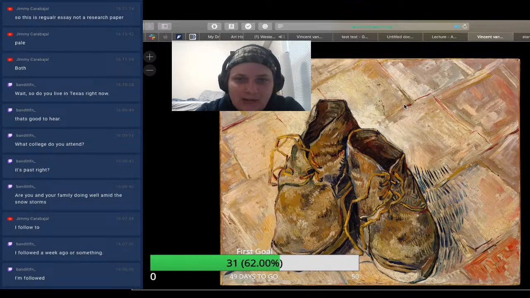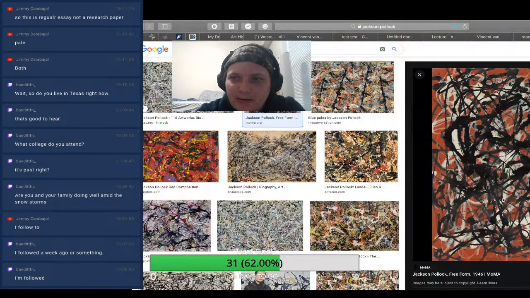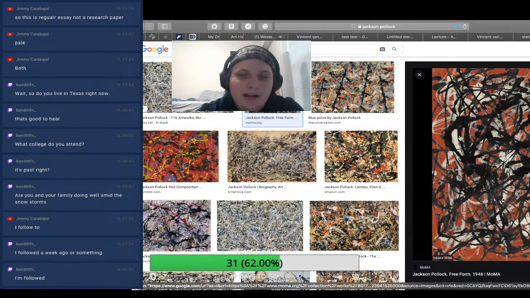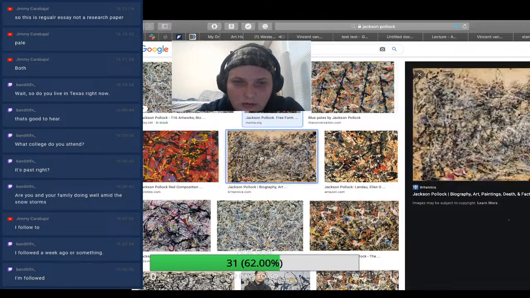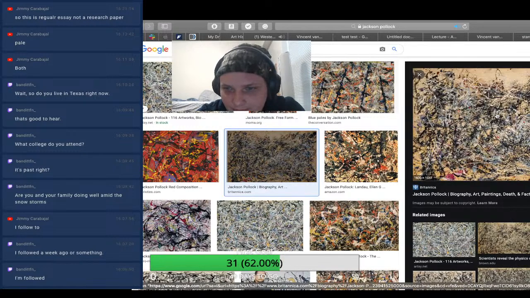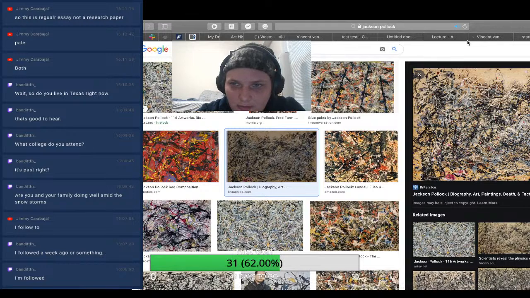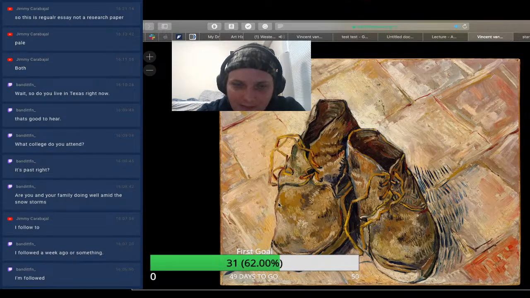They don't necessarily seem totally random as compared to Jackson Pollock, where an average person looking at it sees lines that don't really have a purpose. It just looks like total chaos, total randomness. There's no order to the piece compared to, say, Vincent van Gogh with what we're having to write about here. But you could still say that some of his strokes don't necessarily look like they have been pre-planned and organized to fit that perspective. I'm not sure if that makes any sense at all, but that is what I'm seeing from this piece as well.